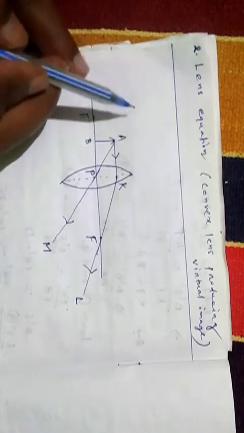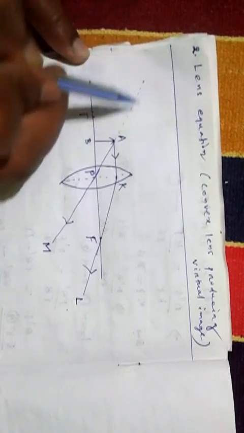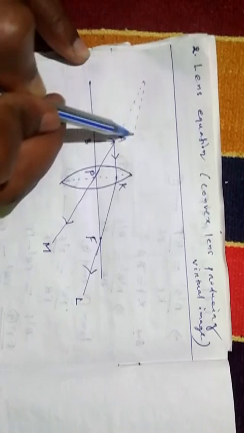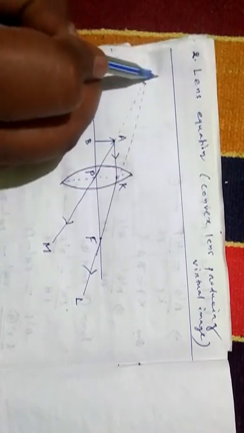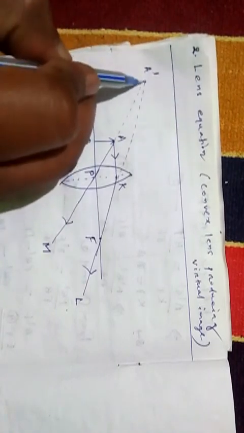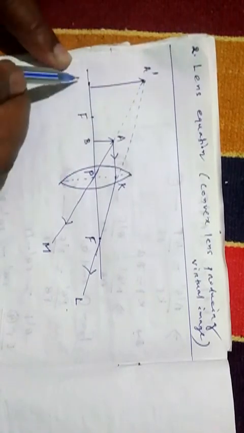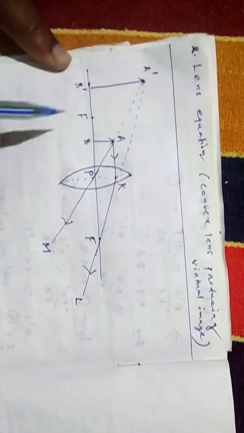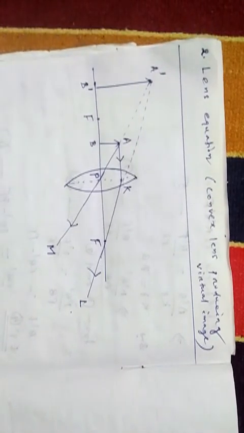If you proceed backwards, then both the light rays meet at the point A dash, producing the image A dash B dash. So here A dash B dash is a virtual image.